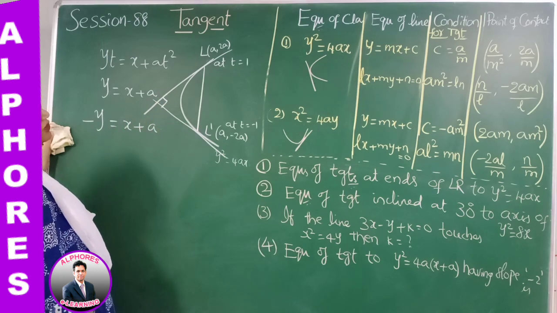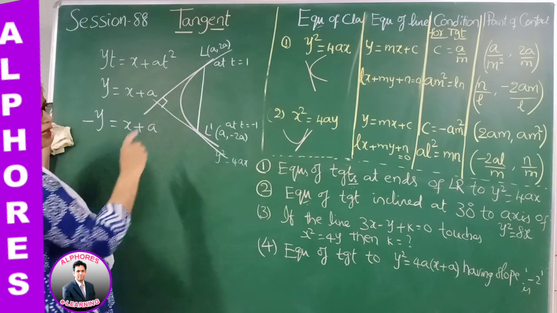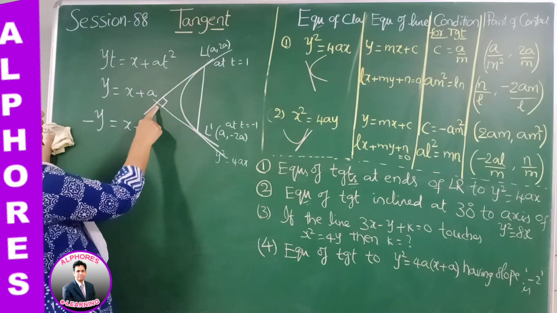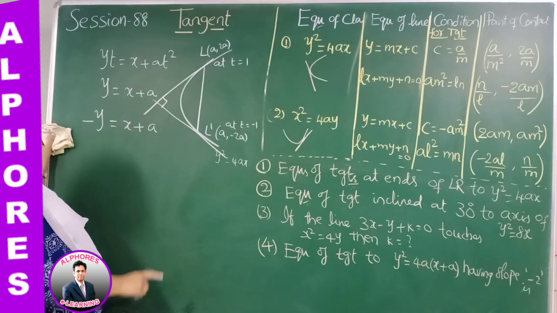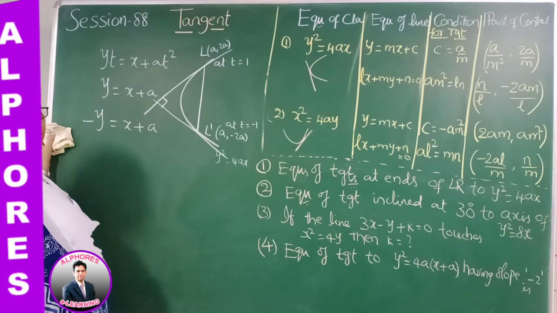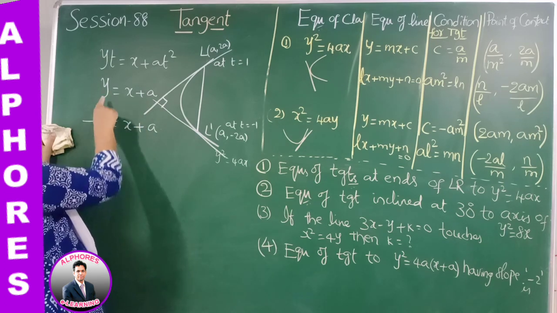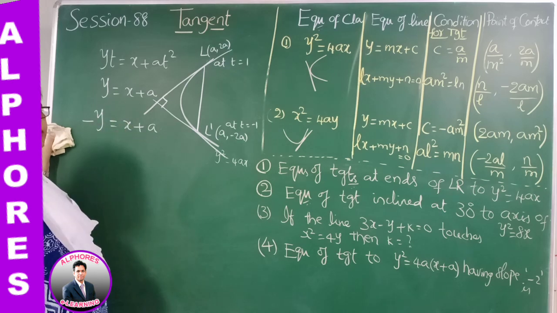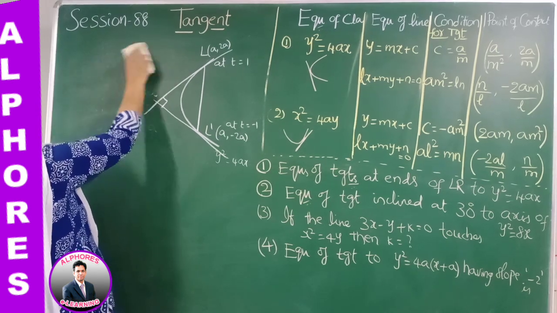So you can remember students, the tangents drawn at the ends of the latus rectum are always at right angle. Moreover, this point of intersection is nothing but on the directrix. How can you say it is on the directrix? If you add these two, x plus a is 0. x plus a equals 0 means x equals minus a.